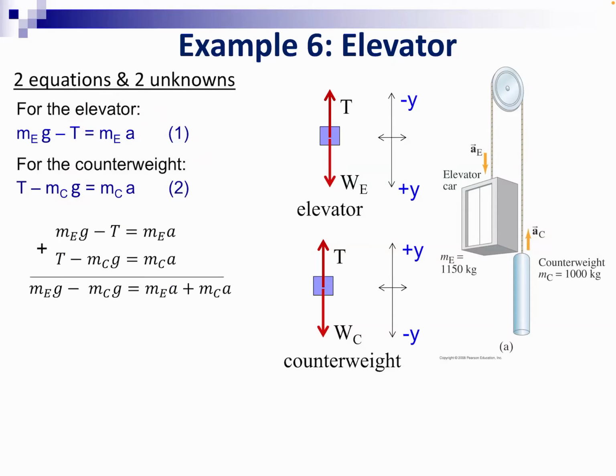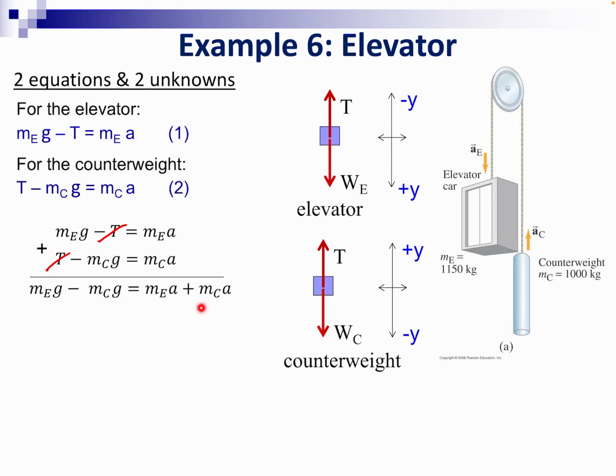Right, so just rewriting these two equations one after the other, I can see that there's minus tension in one and plus tension in the other. So I can add these two equations, causing the tension to cancel each other out.